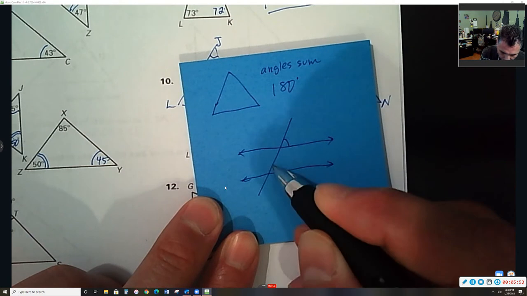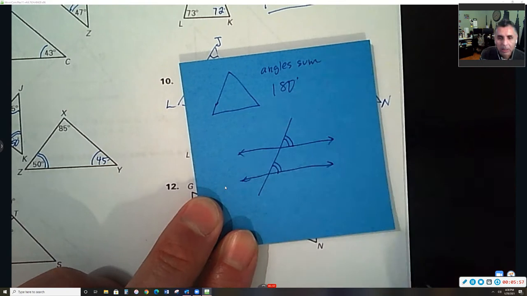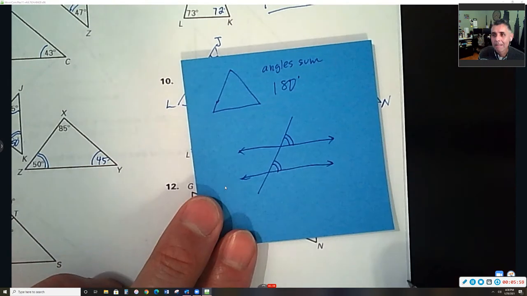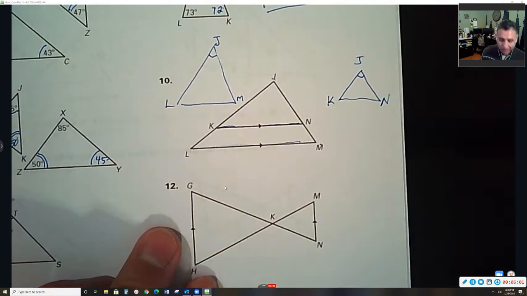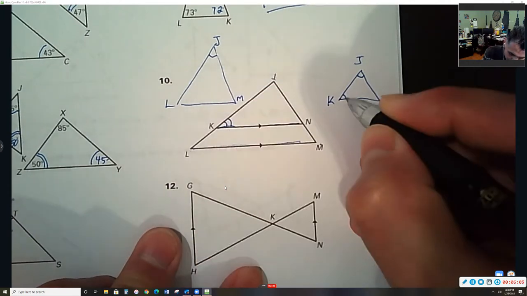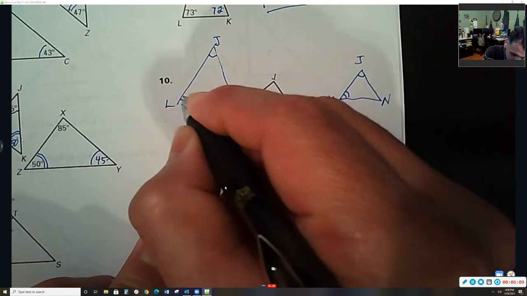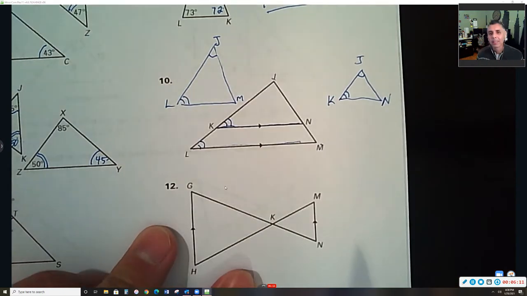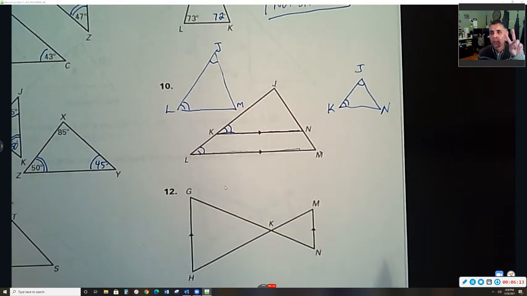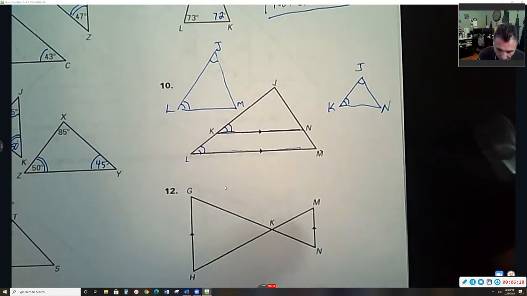These two angles are congruent because they're corresponding angles. So I know basically this angle K, here's K, is congruent to angle L, here's L, because they're corresponding angles. And there you go. I have two pairs of congruent angles.